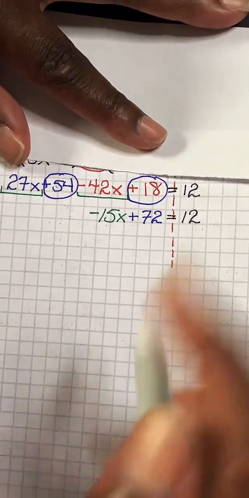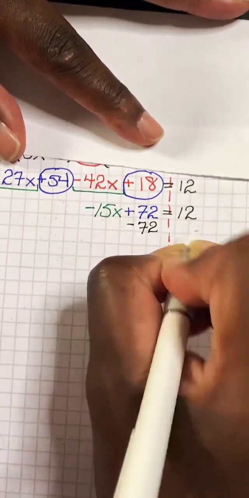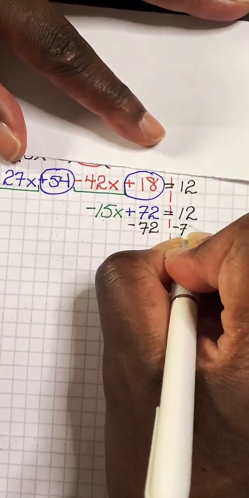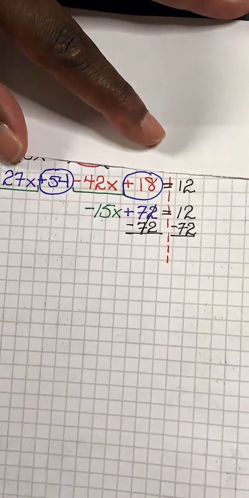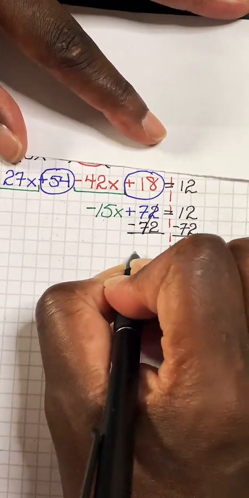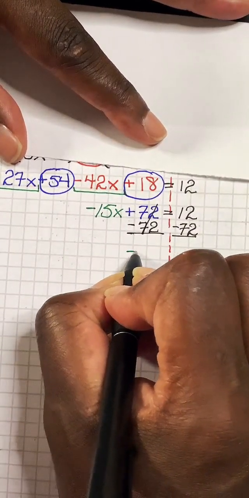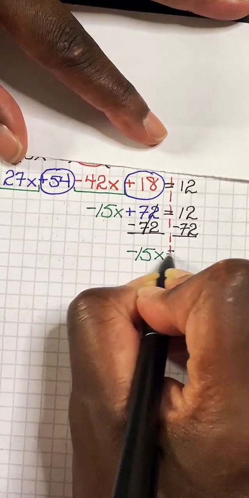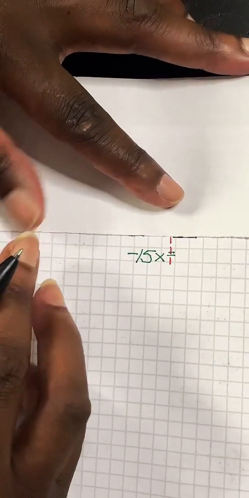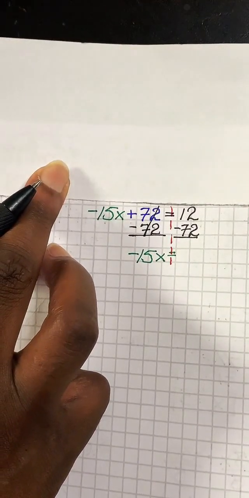All right, so we are going to subtract our 72 on both sides. So 72 minus 72 gives me 0, but I don't need that 0 as a placeholder because I still have this negative 15x. All right, so now we have our 12.